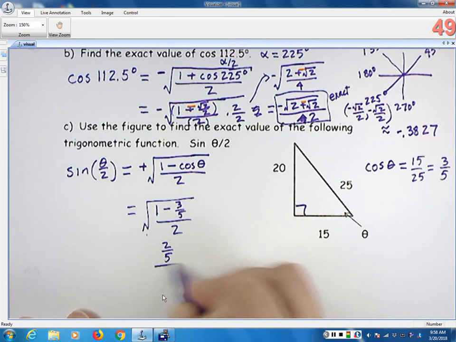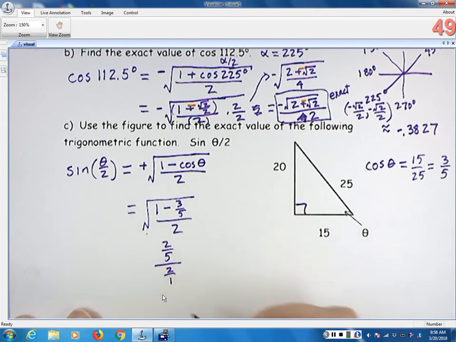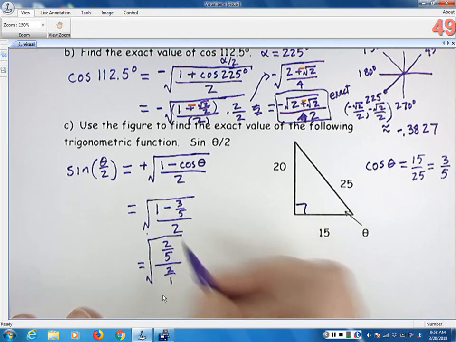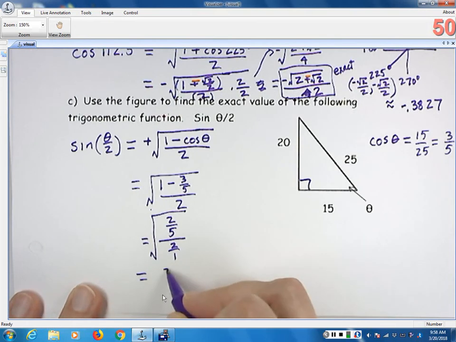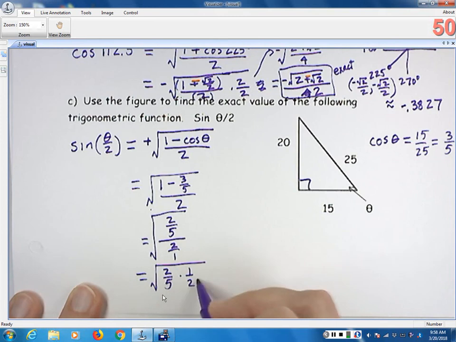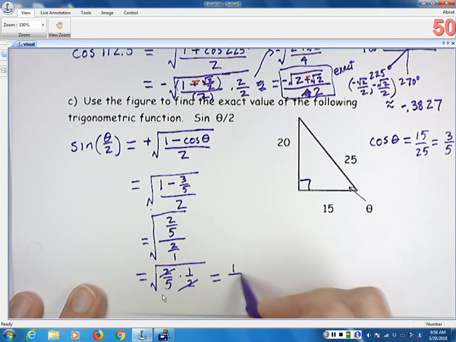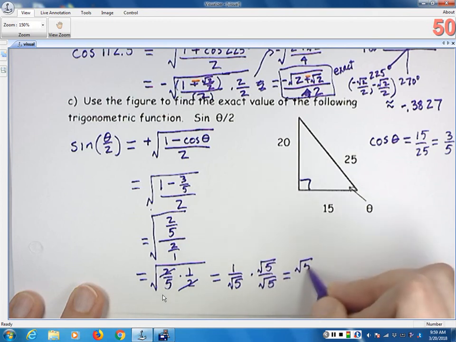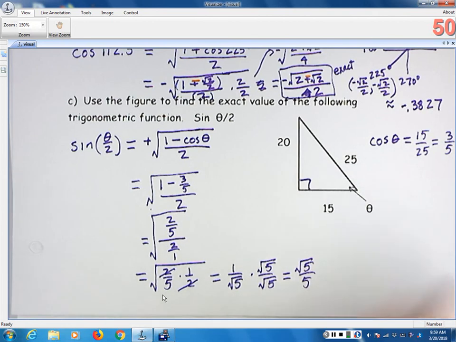And this is divided by 2 over 1. You can't cancel the 2's. Well, you could, but let's actually flip it and show you. Equals 2/5 times 1/2 and you get 1 over the square root of 5. Well, just multiply by square root of 5 over square root of 5. Square root of 5 over 5. So this is your answer.